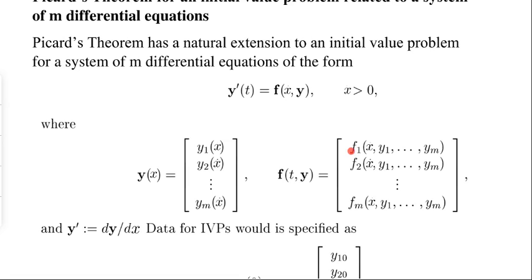Each row of this vector will be a function of m plus 1 variables. Here f1 will have the variables x, y1 up to ym. Similarly, f2, f3 to fm will be functions of m plus 1 variables.